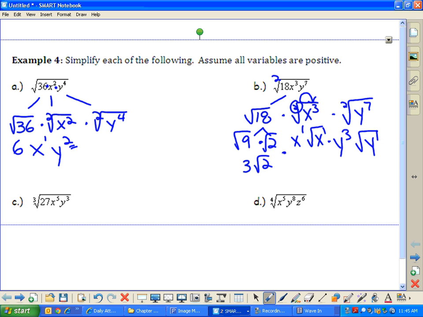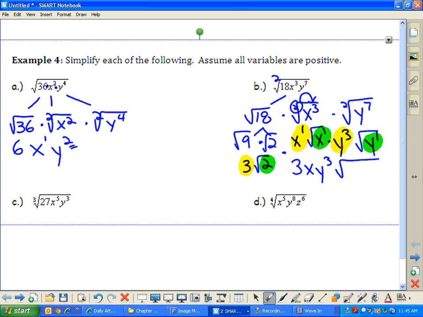What you're going to go ahead and do is take everything that's outside the radical and leave it outside. And then everything that's underneath the radical gets placed underneath the same radical. This is actually, again, the product property. So our answer looks a little something like this. We take everything that's in yellow, 3x y to the 3rd, and multiply it together.